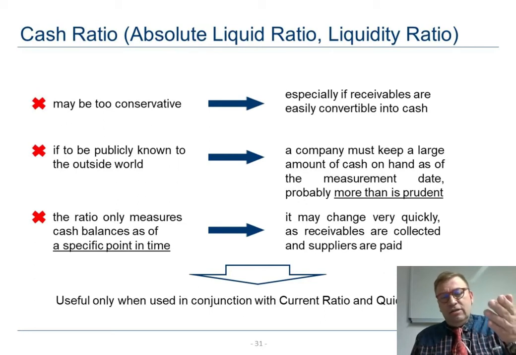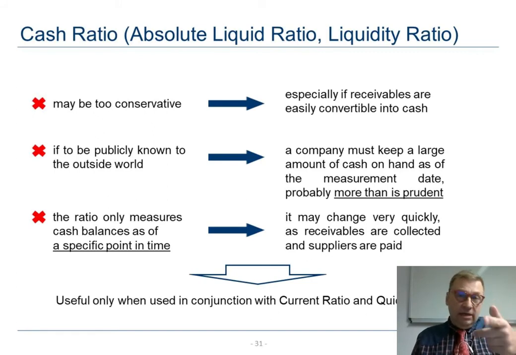And because it's about cash and current liabilities, this particular relation, in particular about cash, may change very quickly, because if liabilities are paid in the short term and receivables are collected and converted into cash in the short term, it may vary from day to day even.